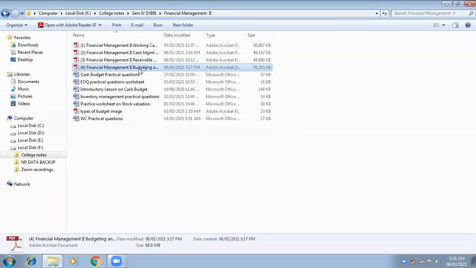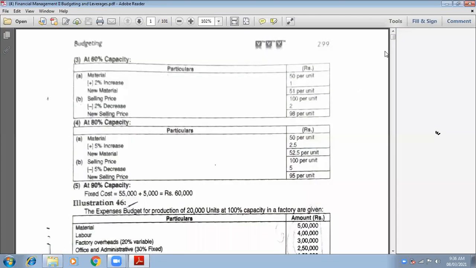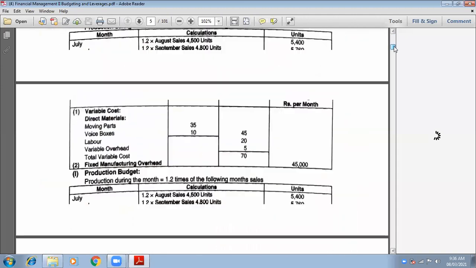So now we are starting a new chapter that is known as leverages.